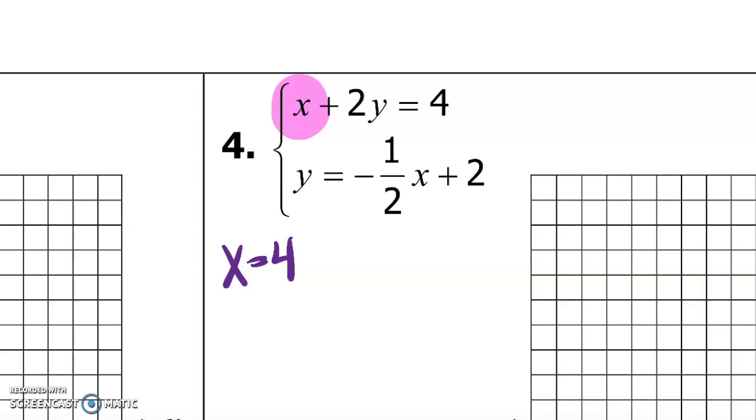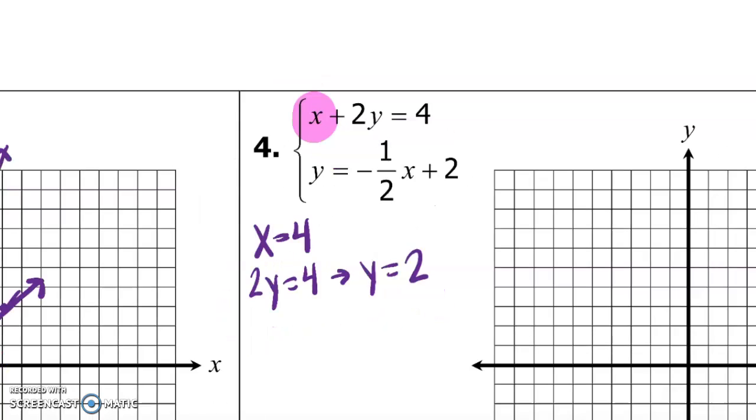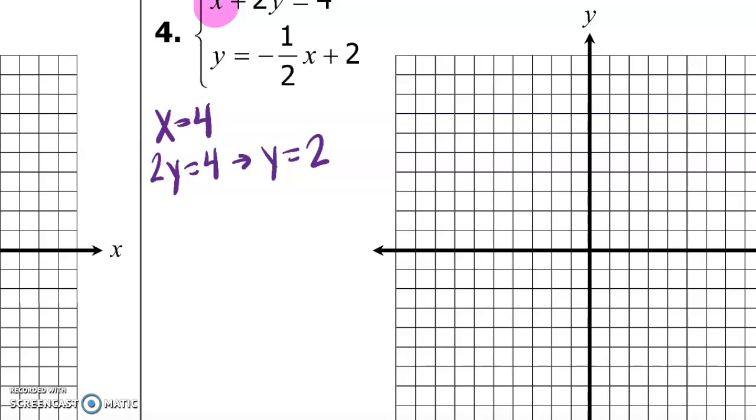So if we get rid of the x, it says 2y equals 4. So we divide and we get y equals 2. So your intercept of x equals 4 would be right 4, and you put it on the x-axis. y equals positive 2 would go there, and that is what you would graph.